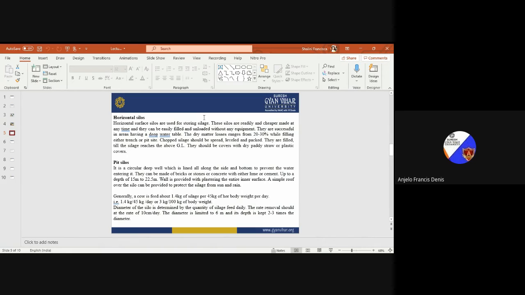So we can see that horizontal silos are very useful, readily available, and cheaper compared to other types of silos. But still, there are some limitations.